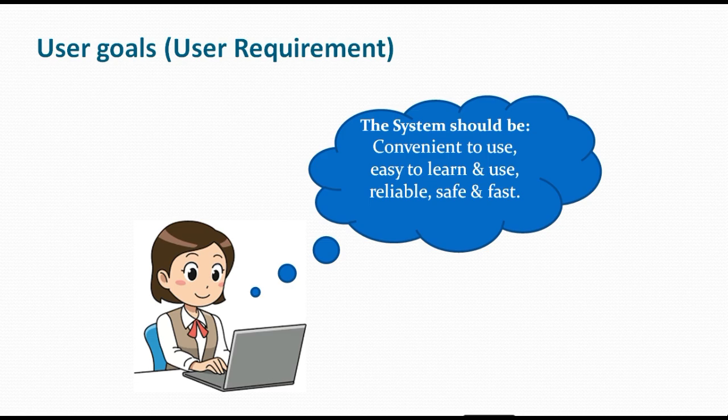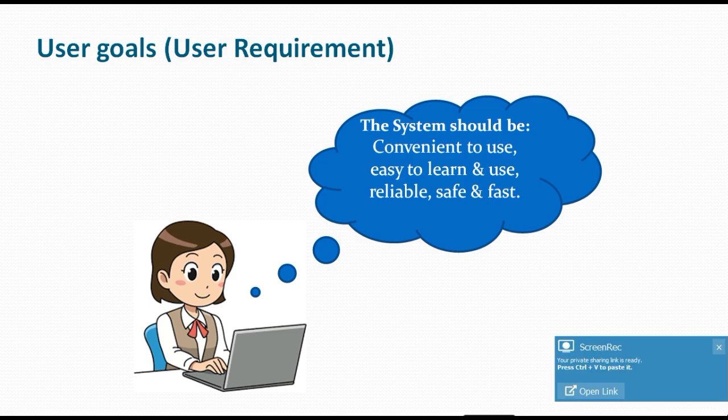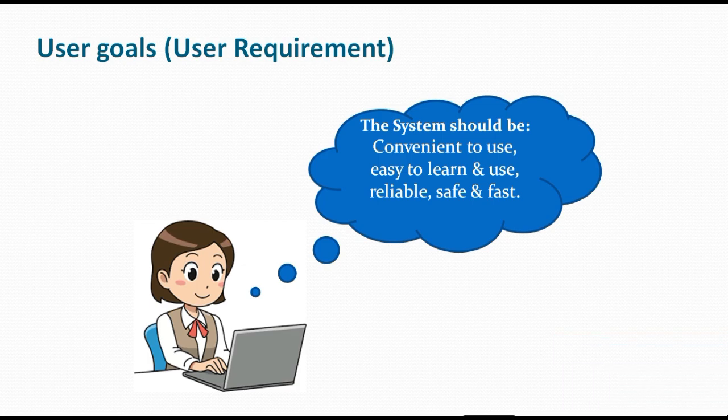Of course, these specifications are not particularly useful in system design, since there is no general agreement on how to achieve them. But we need all these characteristics from the user perspective. The user wants the system implemented in a convenient way, so that the user can easily use and learn it, and it should be reliable, safe and fast.